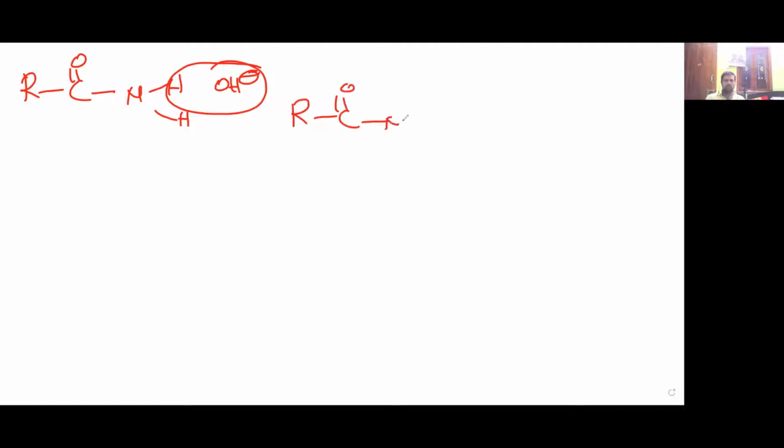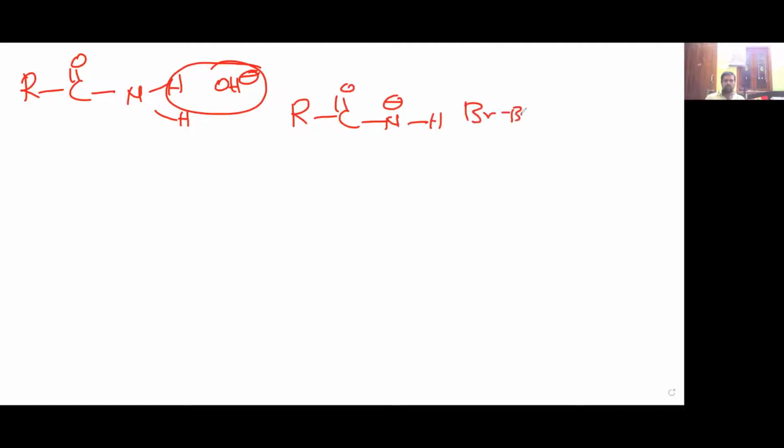Here the reaction intermediate is alkyl isocyanate. Just once again, R-C double bond O-NH2. Briefly I will tell. OH minus you added, water is eliminated, then RC double bond O, N minus, hydrogen.